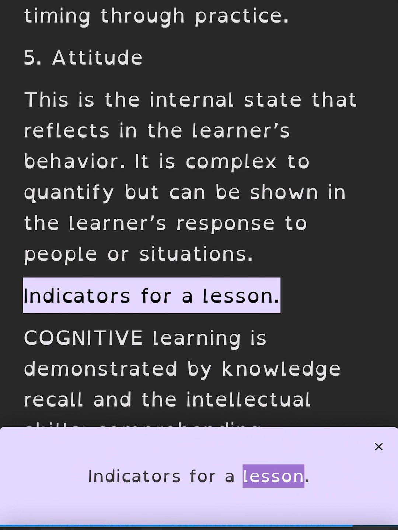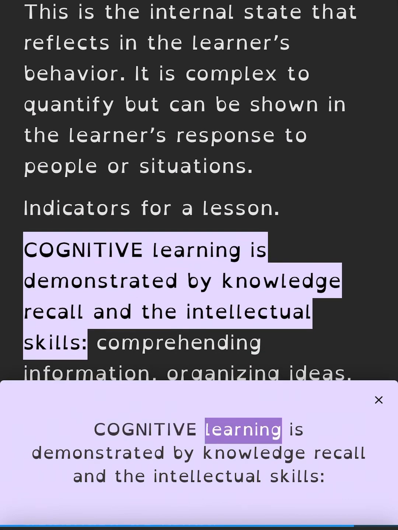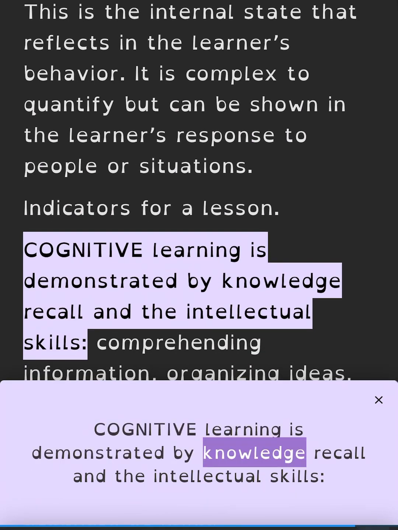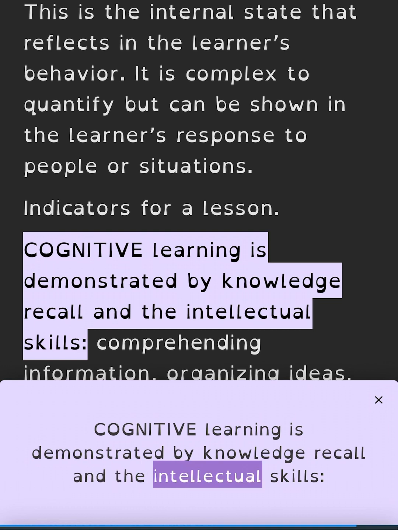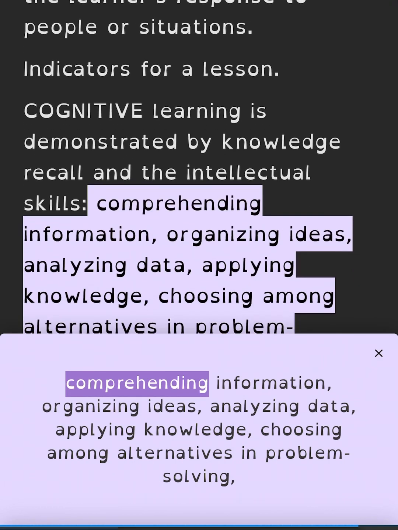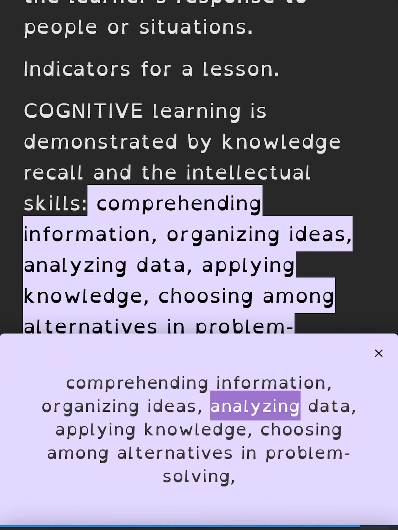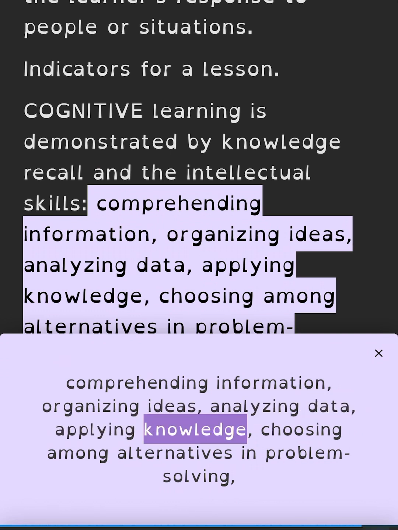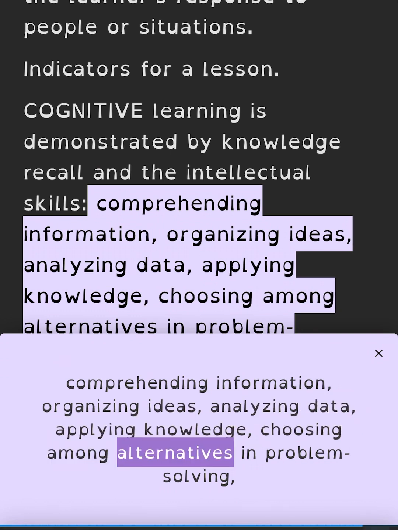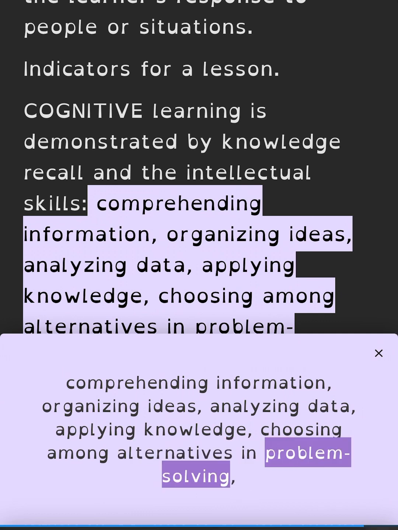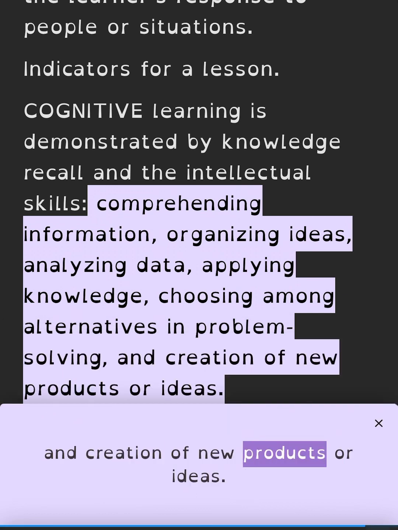Indicators for a lesson. Cognitive learning is demonstrated by knowledge recall and the intellectual skills: comprehending information, organizing ideas, analyzing data, applying knowledge, choosing among alternatives in problem solving, and creation of new products or ideas.